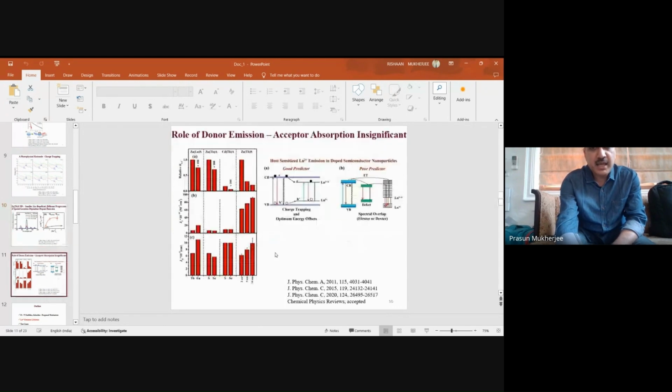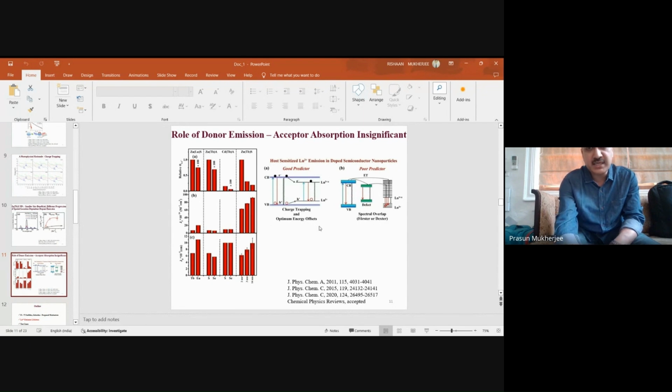Then, based on a systematic analysis to evaluate the role of spectral overlap between the donor emission and acceptor absorption, we systematically compared the overlap integrals under Förster and Dexter mechanisms. In all cases, we realized that the theoretical prediction based only on the spectral overlap does not match the experimental observations.